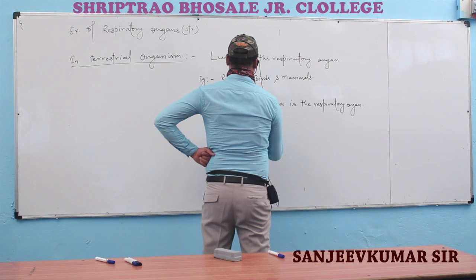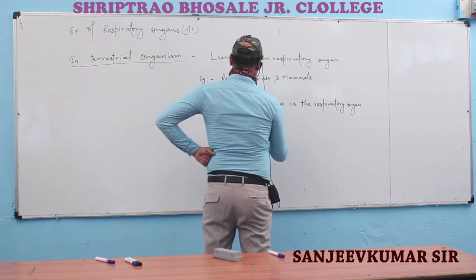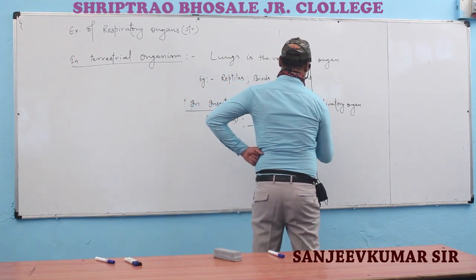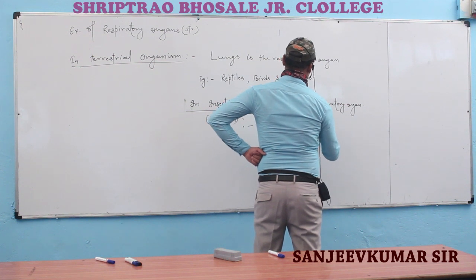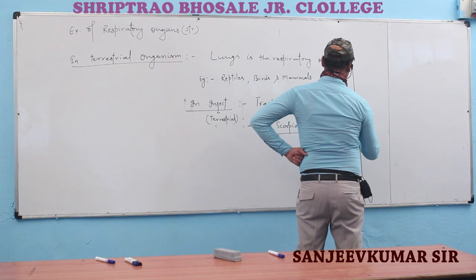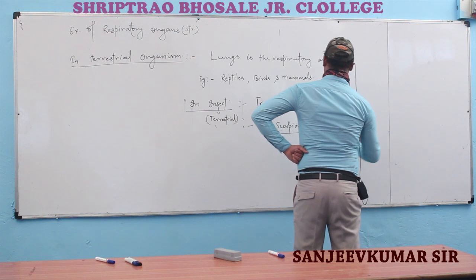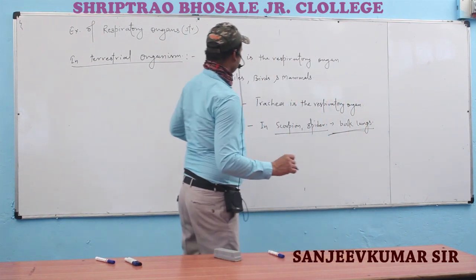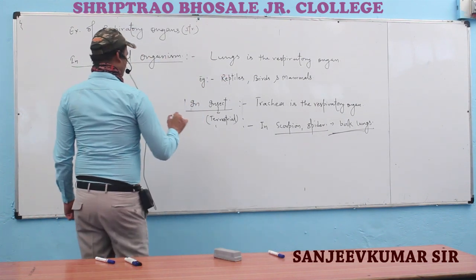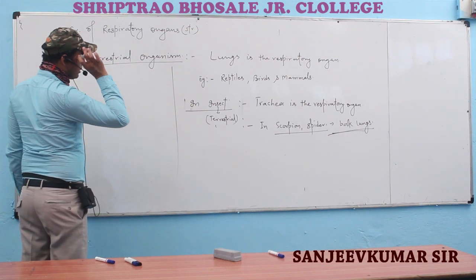Again, in a scorpion, a spider, here is additional, that is the book lung. So these are some names which you have to notice or remember, memorize, because that's very important.